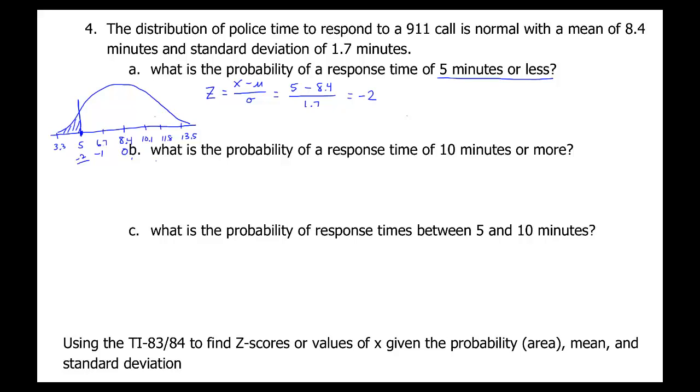And then you could look up -2 in the z table, and you'd want a couple of decimals on there, so we just do -2.00, and we can look that up in the table, which I'll show you how to do during class. The other way that you can solve this problem is just simply plugging it into your calculator.